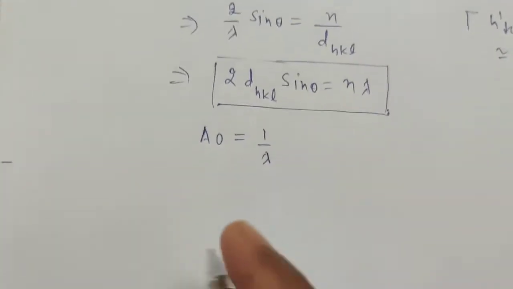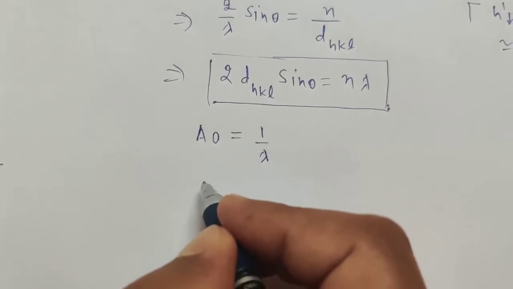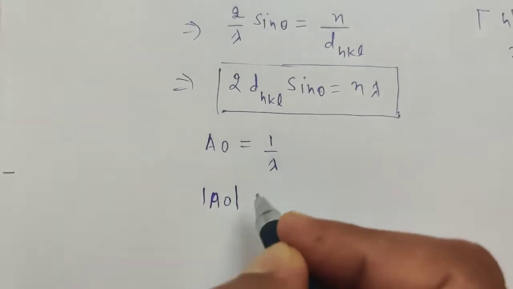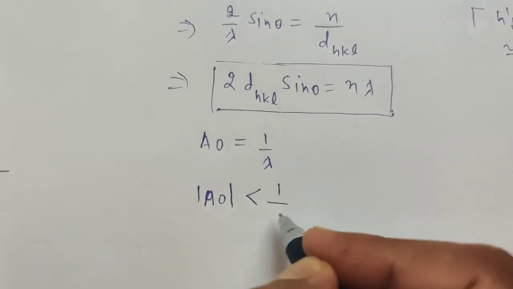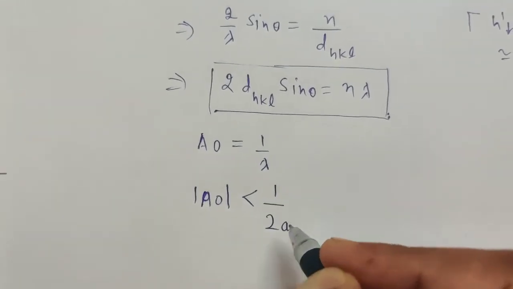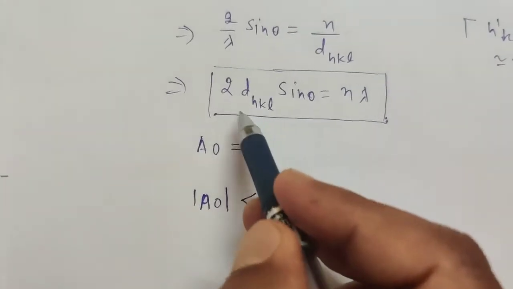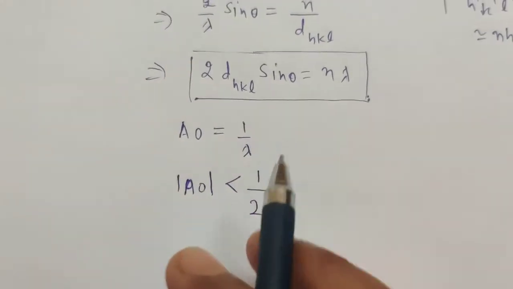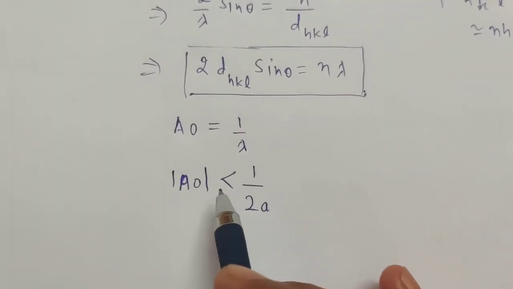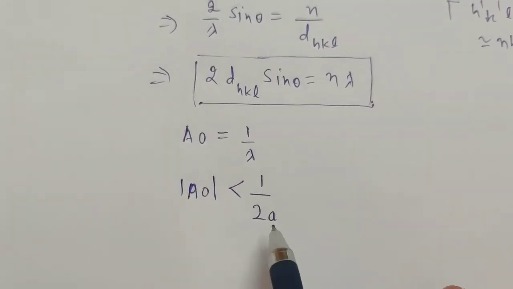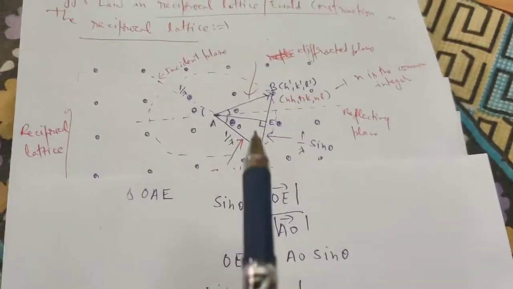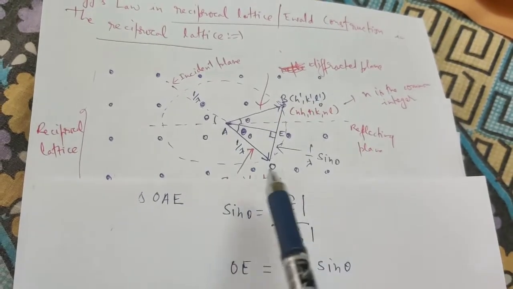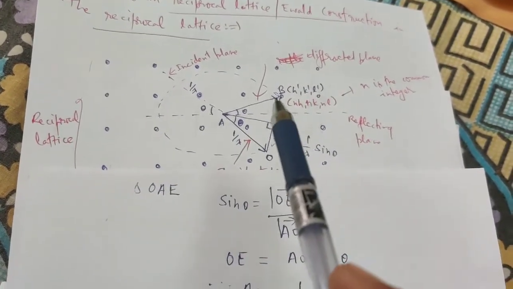In this case AO will be less than 1 upon 2a, where a means d HKL, which can also be called the lattice parameter. So this circle will not intersect any lattice point of the reciprocal lattice.